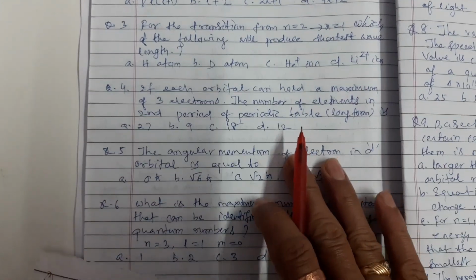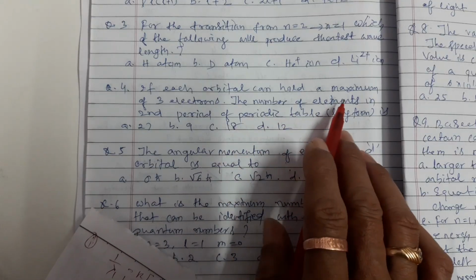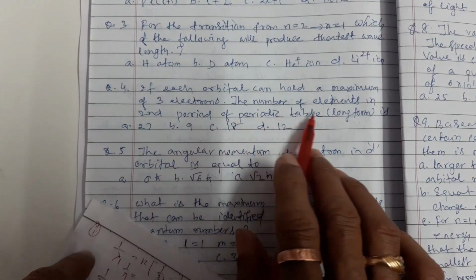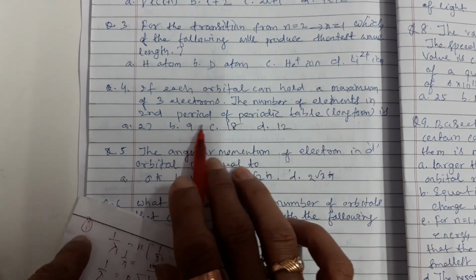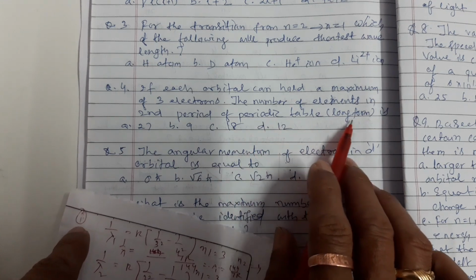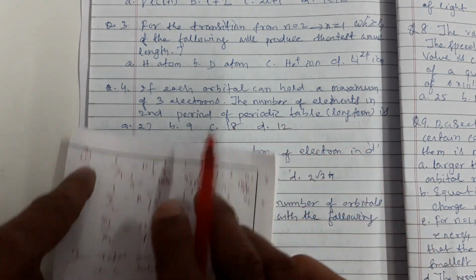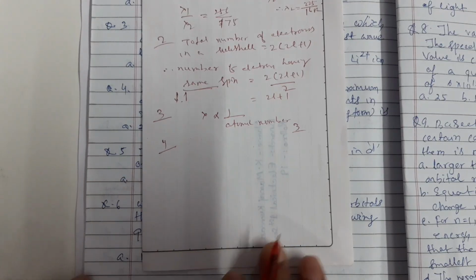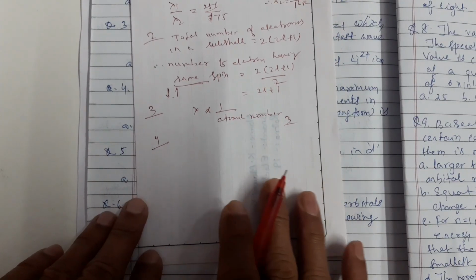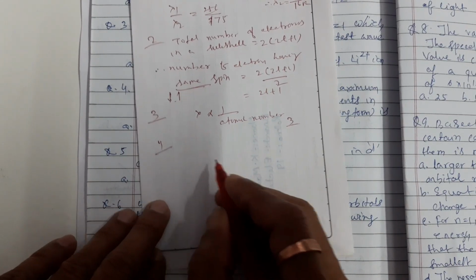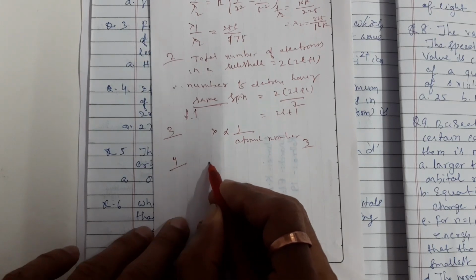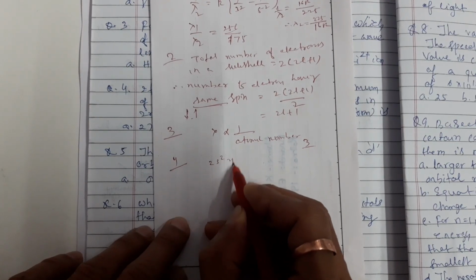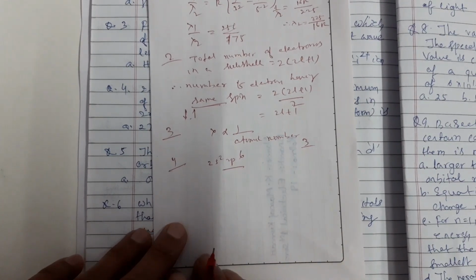Next, if each orbital can hold a maximum of 3 electrons, the number of elements in the second period of the long form periodic table is what? Question number 4. For the second period, the configuration is 2s2 2p6.